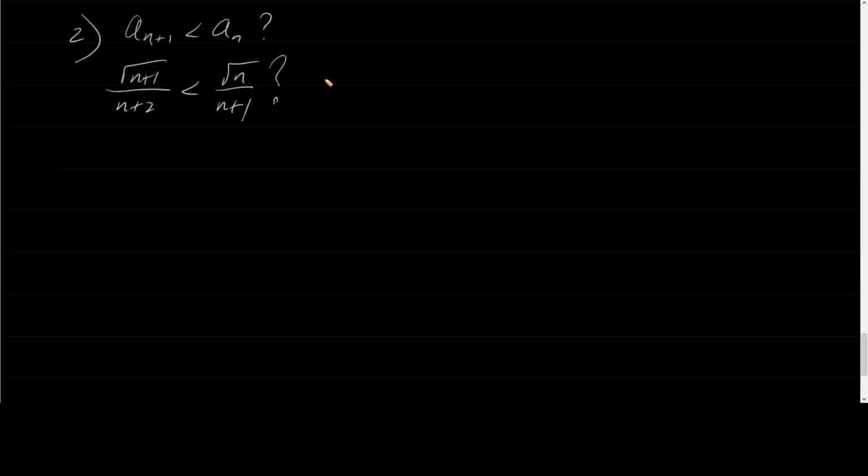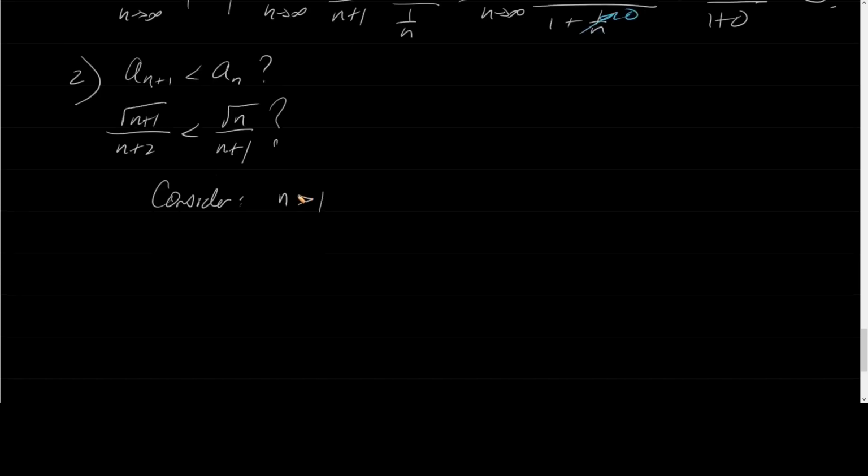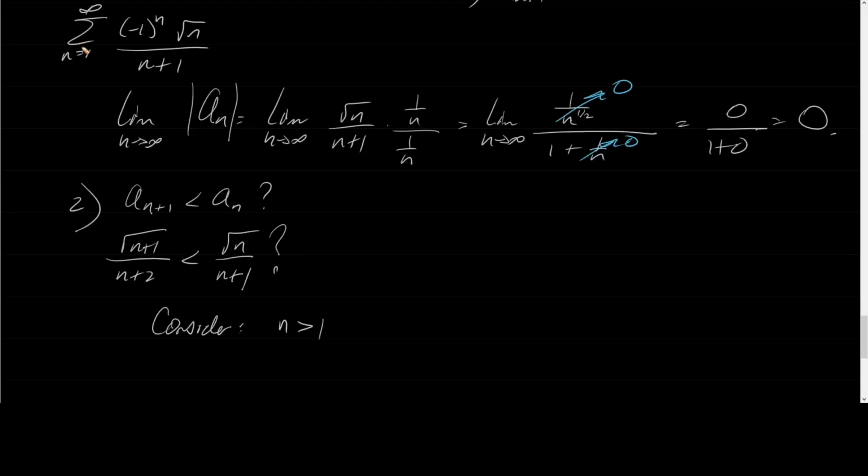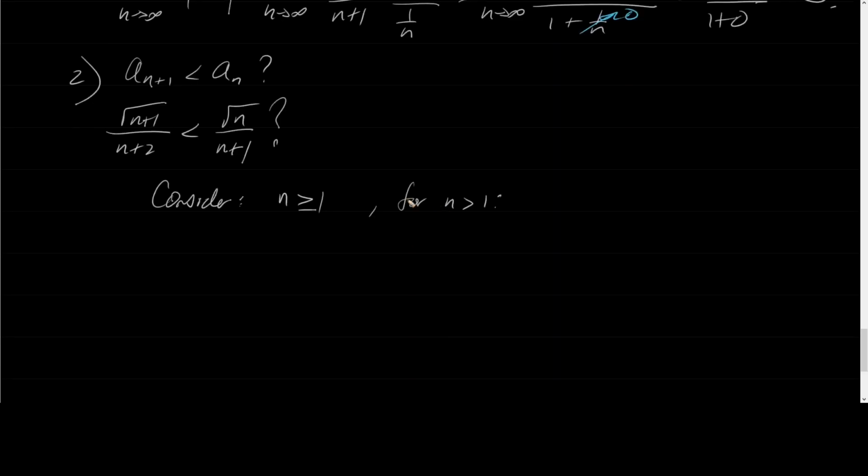Consider the following. We were working with n being greater than or equal to 1, right? So what we can say is that for n greater than 1, and this is going to sound kind of silly, 1 is less than n.